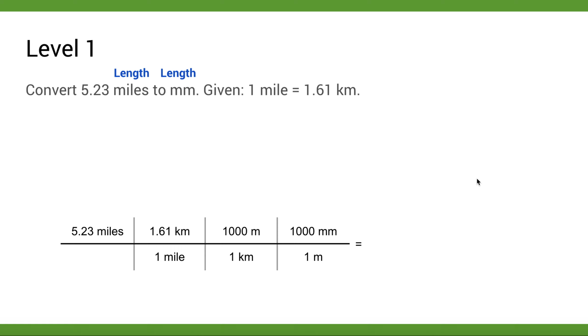One key thing to do in the calculation is how to check your work. The way you check your work is by knowing how the units cancel, because this is practically a fraction multiplication. The first one, 5.23 miles, is in the numerator.